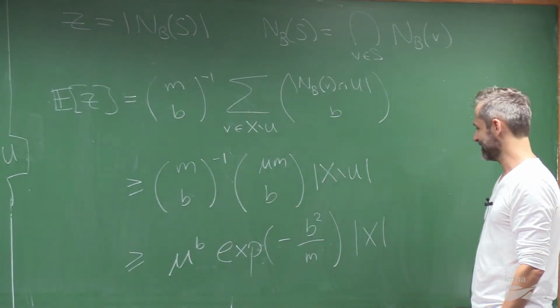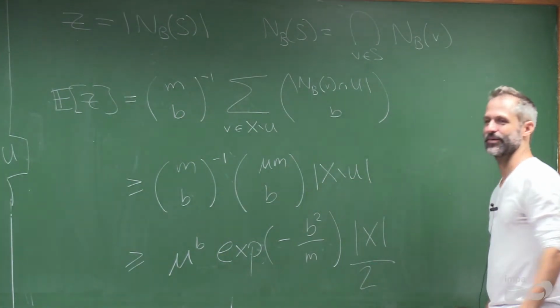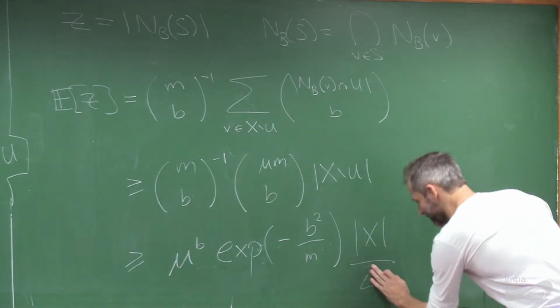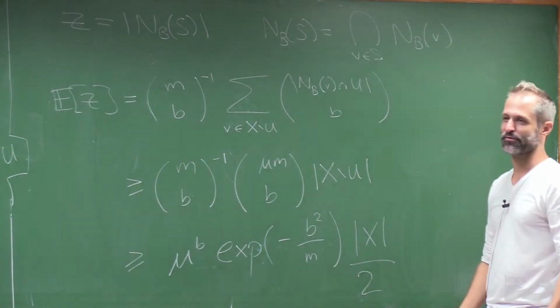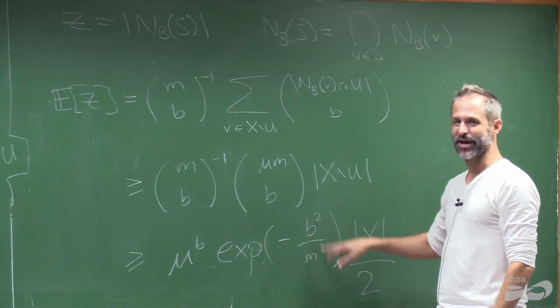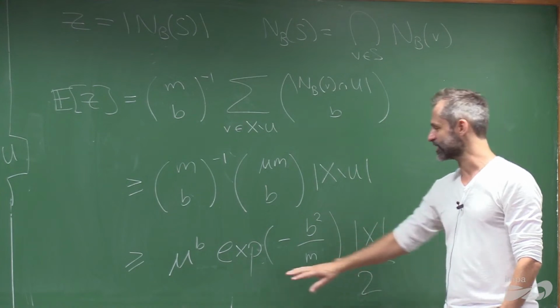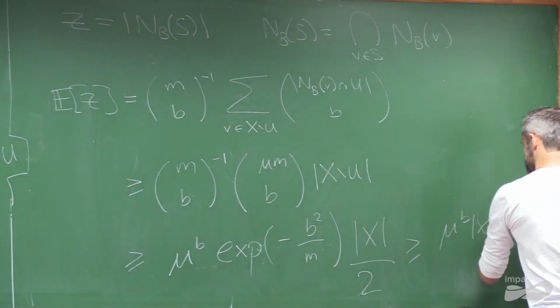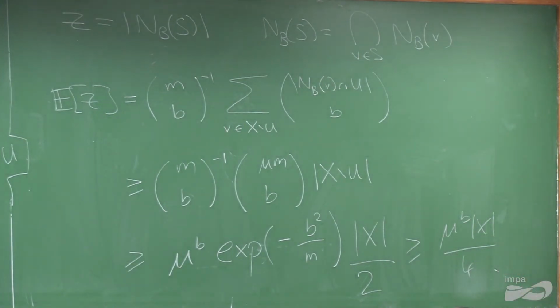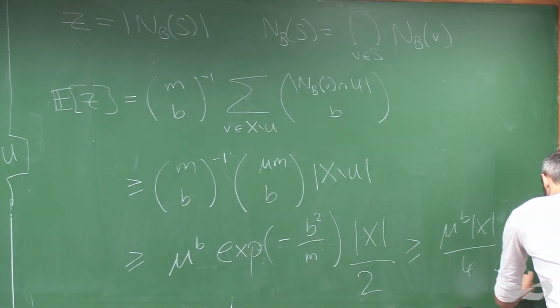Actually, I'll prove over 4. B squared over m is very close to 0, so this is very close to 1. So this is at least mu to the b size of X over 4. And that's it.